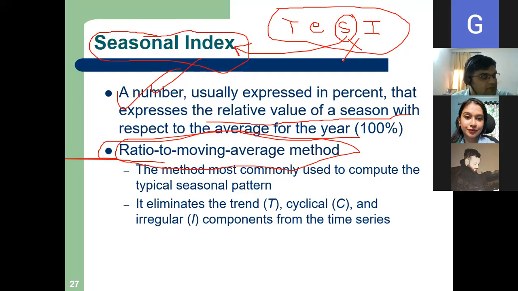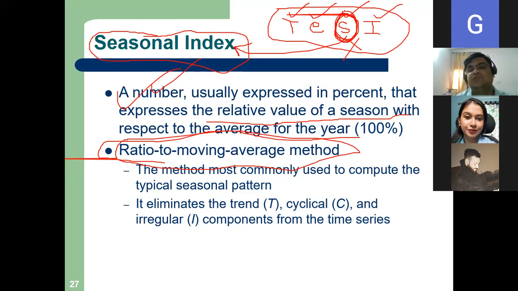Very simple. See, the method is very long, but what we try to achieve is very simple. There are 4 components, as I told you: T, C, S, I. Now we focus on this S, seasonal index. And there is a method, okay, we'll see the method.